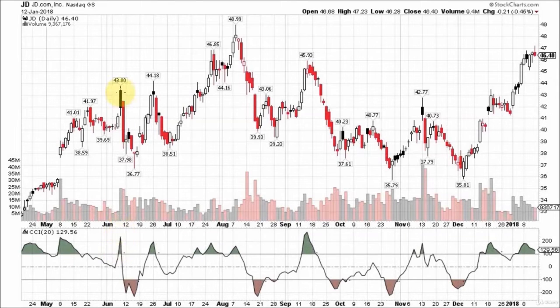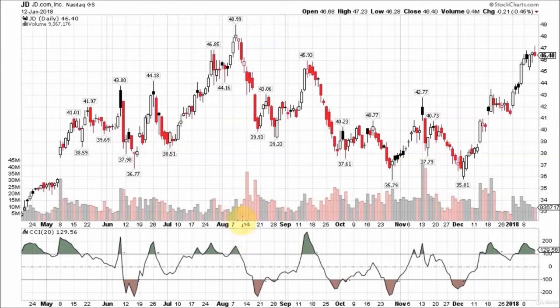If you had sold right here and taken profits at $43.80, if you hadn't taken profits, it would have fallen to $36.77. Now, this one was perfect also because it had a doji candlestick, and when the CCI gave the sell signal right here, it fell from $44 to $38.50.